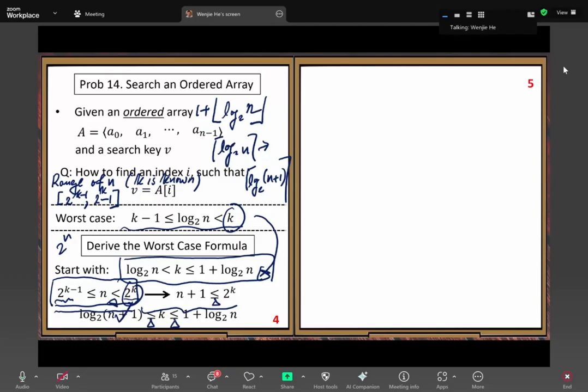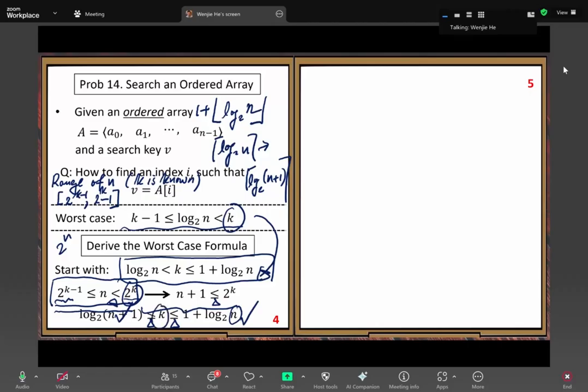The reason we write it this way is that we need to go back to our original understanding of binary search. In binary search, n is given. The size of the array, n, is known, and k is unknown.